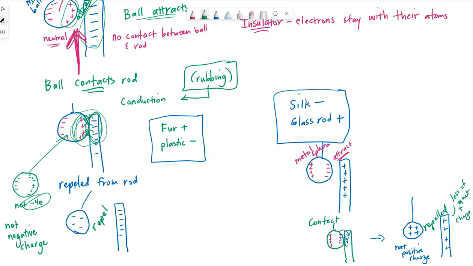That would be the same as over here on the left side, where we were dealing with a negative rod. I didn't really represent that. I should represent that on my rod, that it now has fewer negative charges. It still has a net negative charge, but it is smaller than it was before because some of the electrons went to the ball.